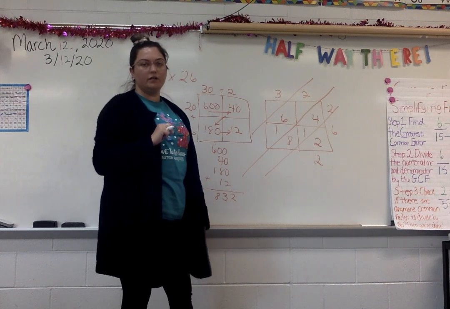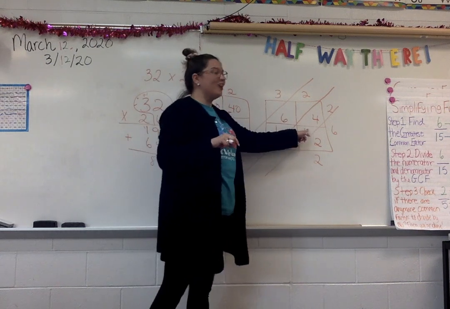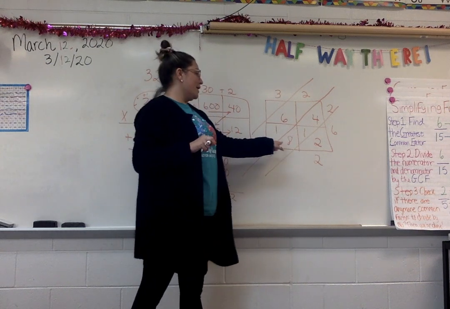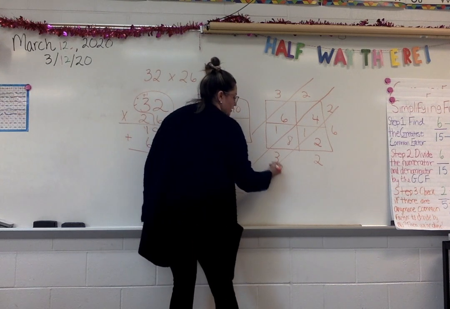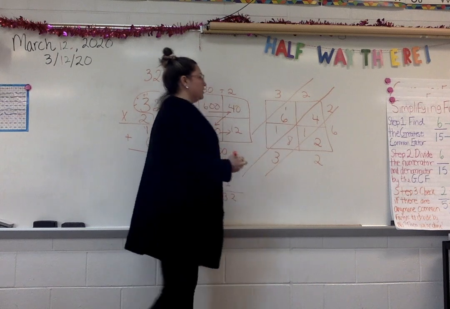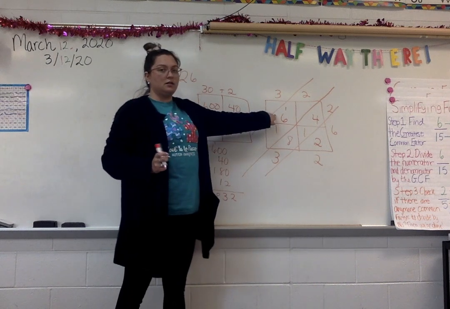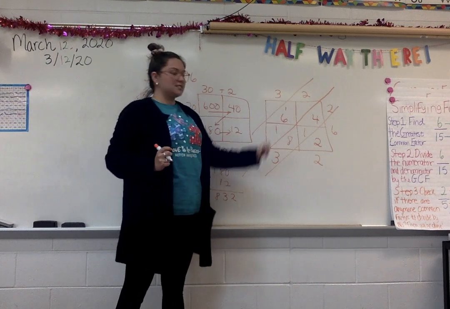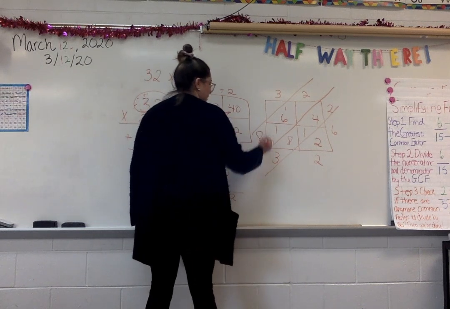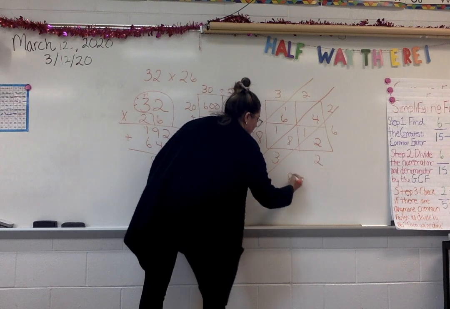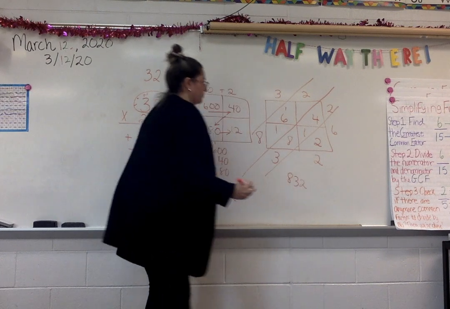I can't even read. I'm going to do 4 plus 1, which would give us 5, plus 8 would give us 13. So I'm going to put the 3 and carry my 1 into the box with the 6. Okay, so now I have 1 plus 6 to give me 7, plus 1 more to give me 8. Now I see my number here would be 832.